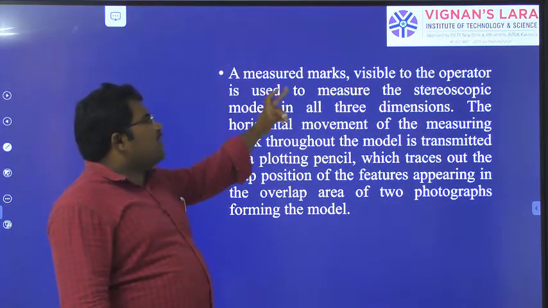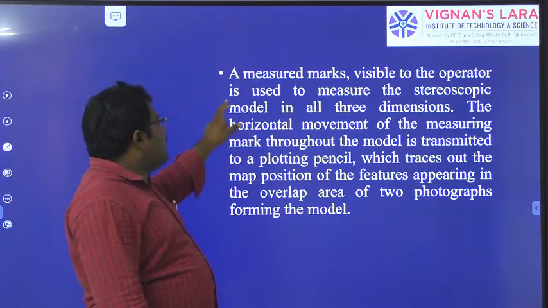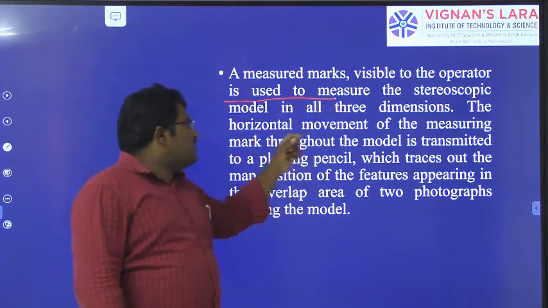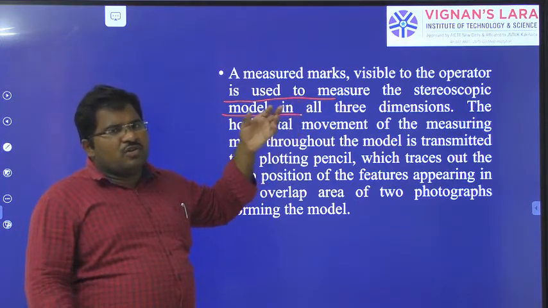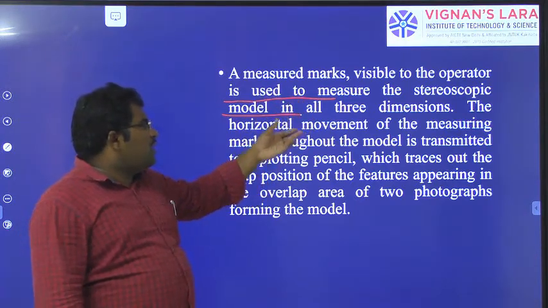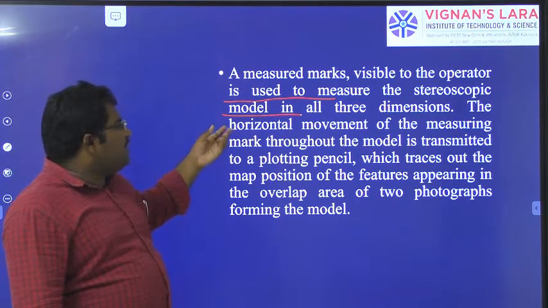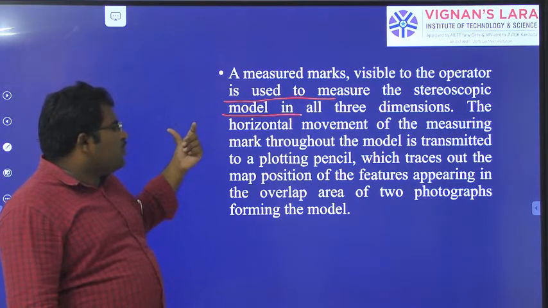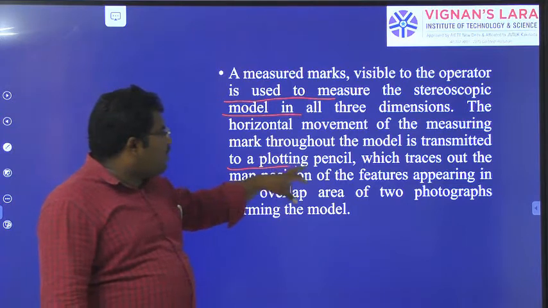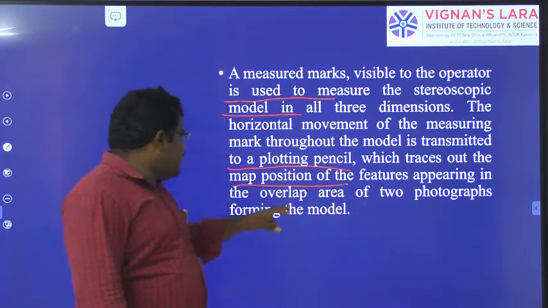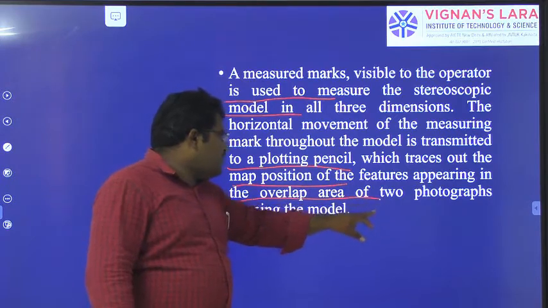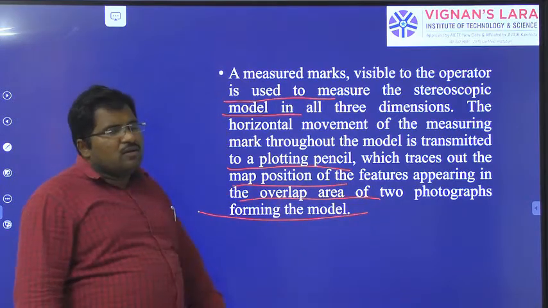A measuring mark visible to the operator is used to measure the stereoscopic model in all three dimensions. With the help of those two photos, we are going to develop the three-dimensional model, right? So the horizontal movement of the measuring mark throughout the model is transmitted onto a plotting pencil, which traces out the map position of the features appearing in the overlap area of the two photographs forming the model.